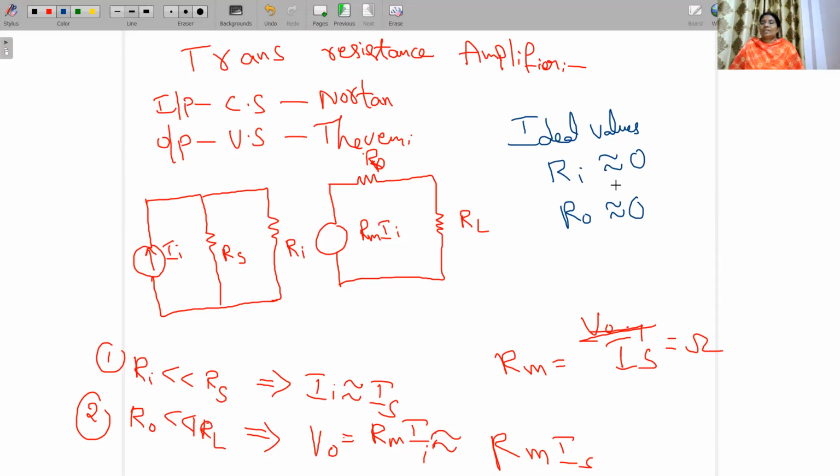Anyone of you tell me, what are the units for the voltage gain?